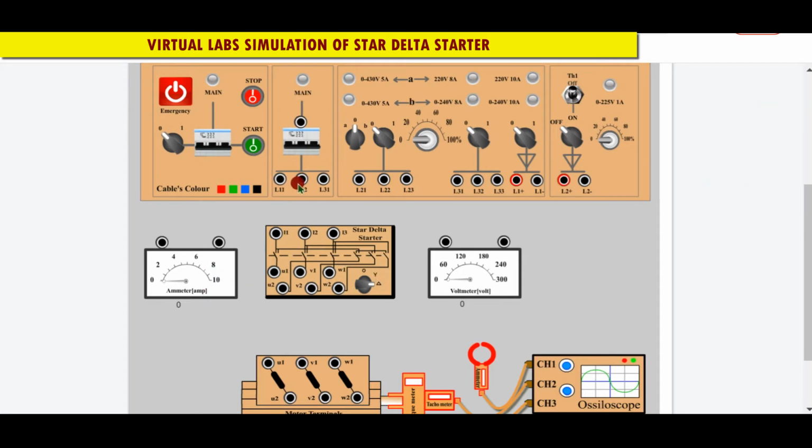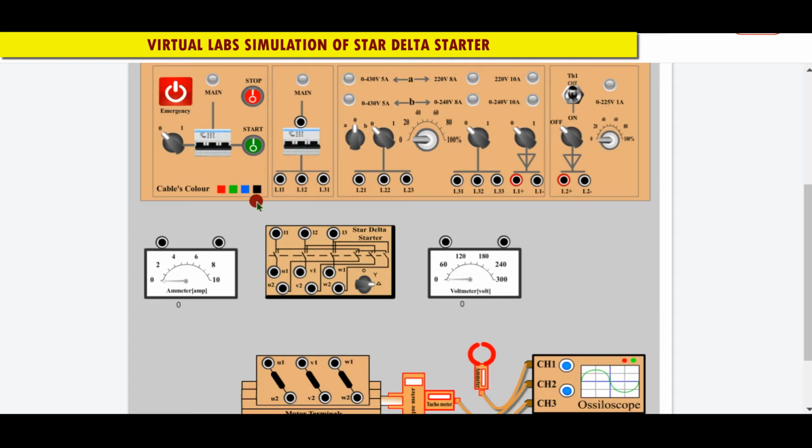These are the three lines. This is the MCB switching panel, the supply panel. You can see this is the on switch, this is the off switch, and this is the MCB, and these are the three lines L11, L12 and L31.